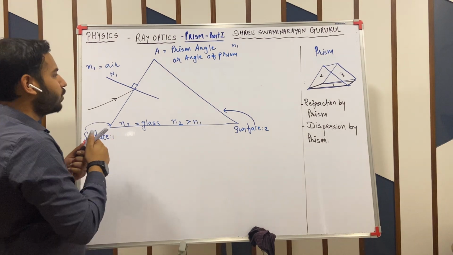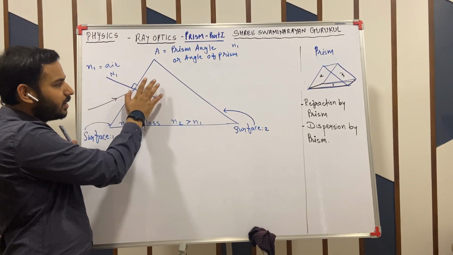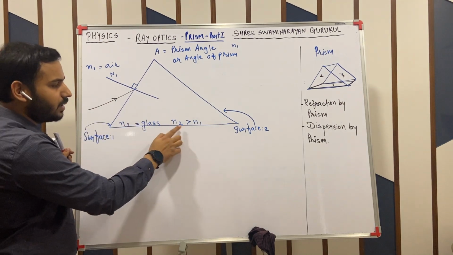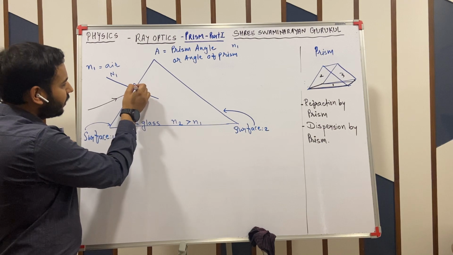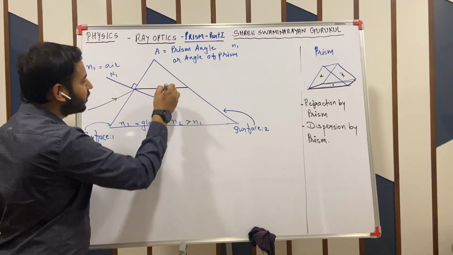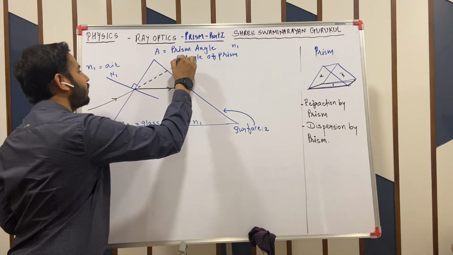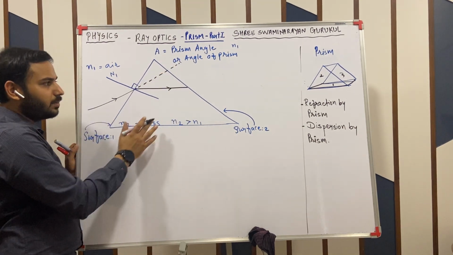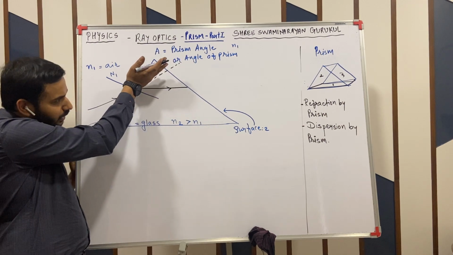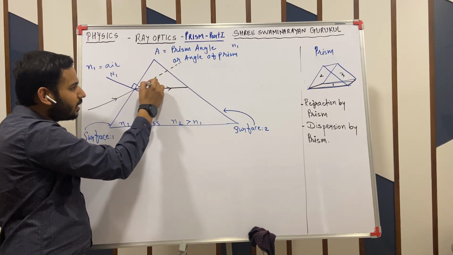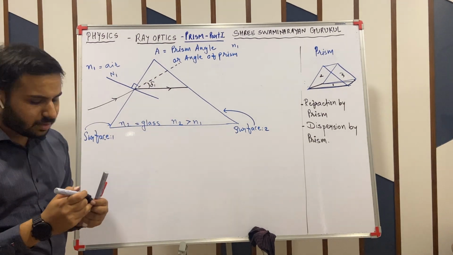When the light ray is moving from rarer medium to denser medium, here n2 is greater than n1, rarer to denser, right? Definitely it is moving towards the normal, like this. This was the actual direction of the light ray. If the prism was not there, the light ray would move in this direction. Now it is moving towards the normal. So this angle is delta 1, deviation at surface 1.